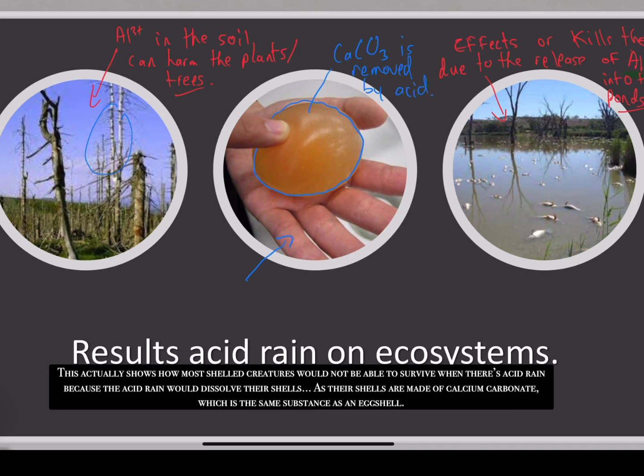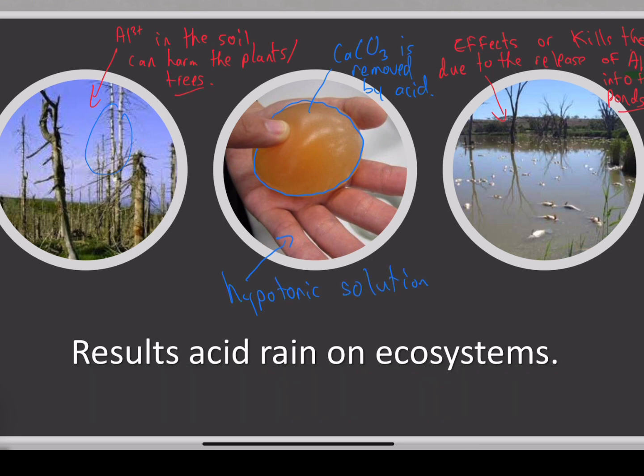And then what happens is this creates a hypotonic solution. And what that means is that if your cell is placed in a hypotonic solution, it's going to swell, right? So your cells will swell and eventually explode.